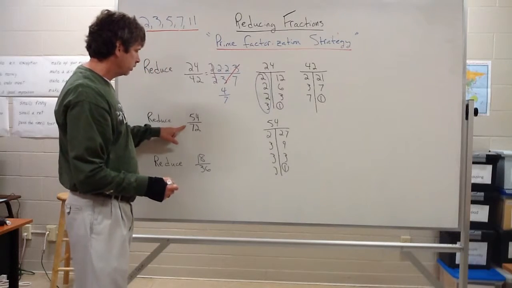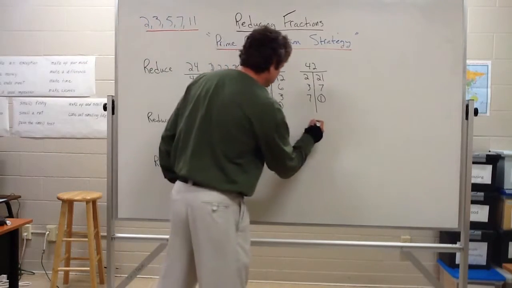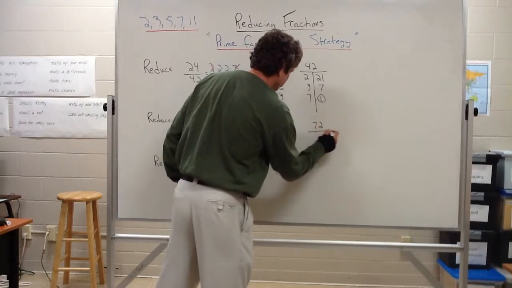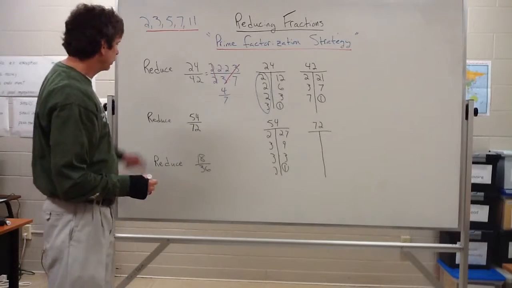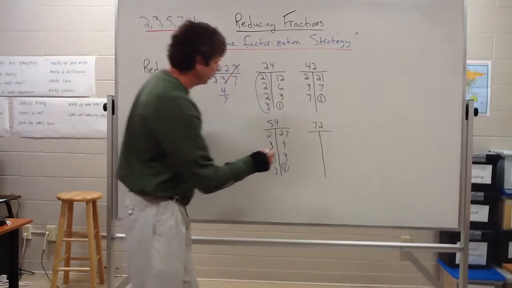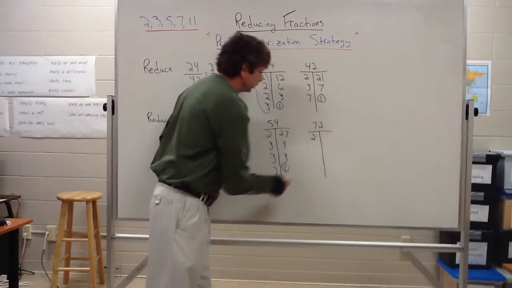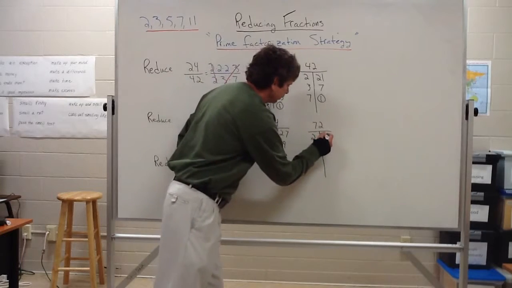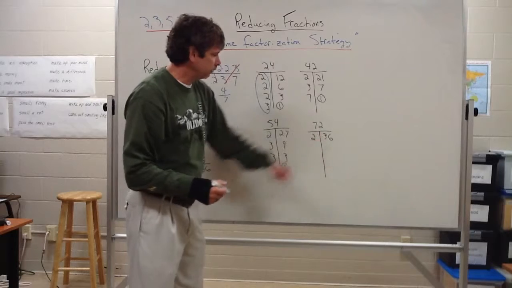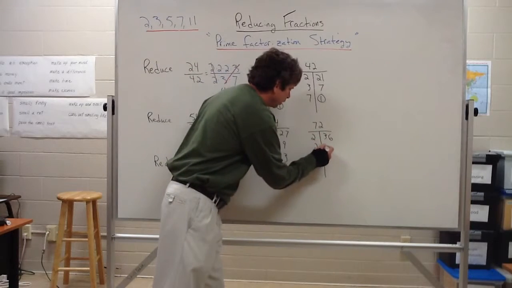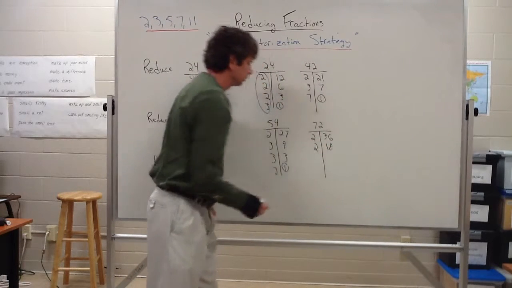Now we're going to turn our attention to the 72. Again, I like the T-chart to organize. Let's start with the 2. Does 2 go into 72? And yeah, 72 is an even number, so 2 goes into 72 36 times. Since 36 is even, 2 is going to go into 36 18 times.